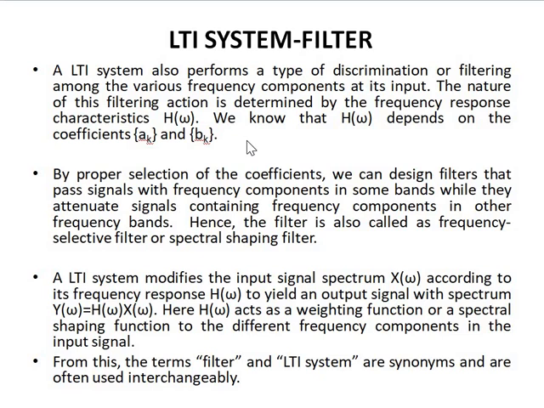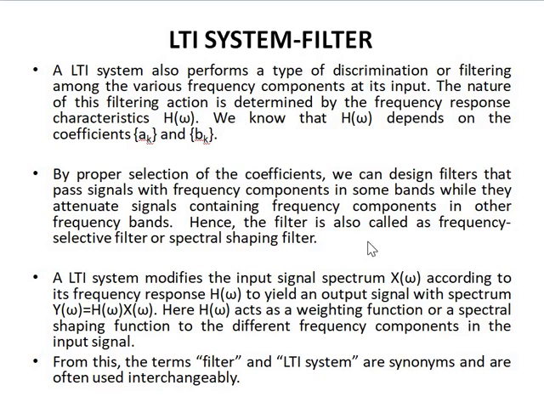Here, by proper selection of the coefficients a_k and b_k, we can design filters that pass the signals with frequency components in some bands, while they attenuate the signals containing frequency components in other frequency bands.